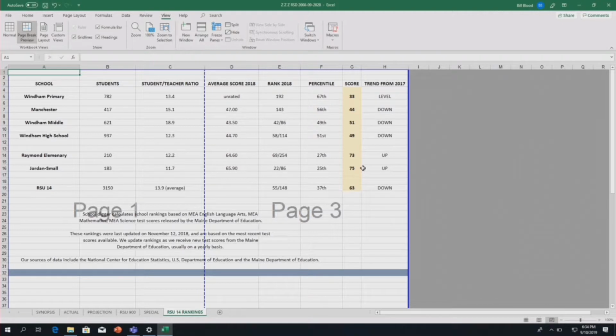RSU 14 is rated 55th out of 148. I thought that was interesting. The scoring went down from last year with the exception of Raymond Elementary and Jordan Small. And again, my source on this is School Digger.